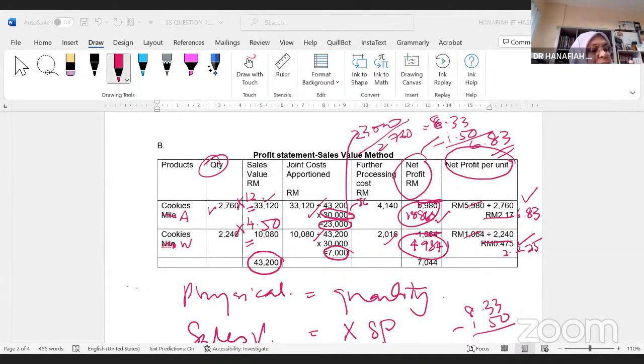And additional material 118,000. So in total, the material is 200,000 now. And I expect 10% will be my loss. So 10 times 200, it is 20,000.